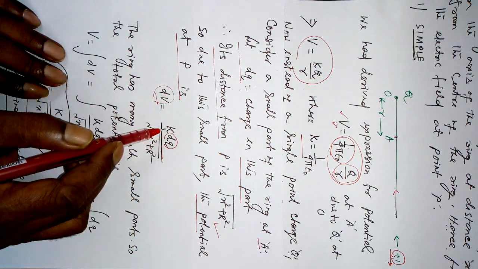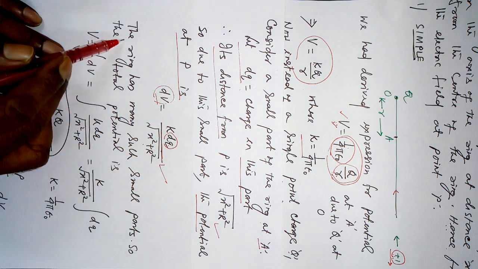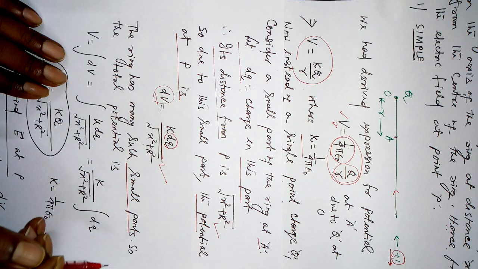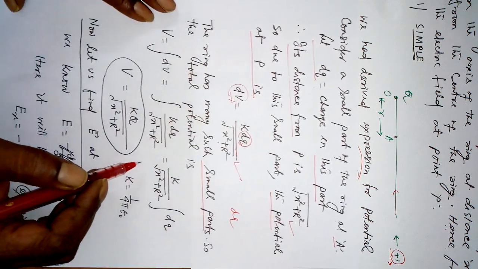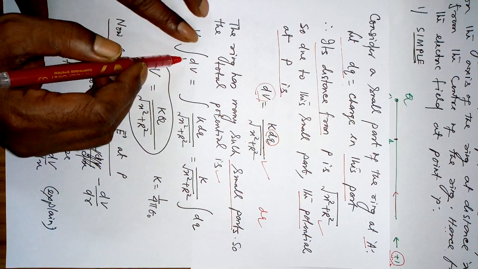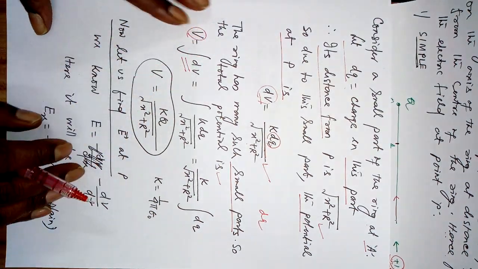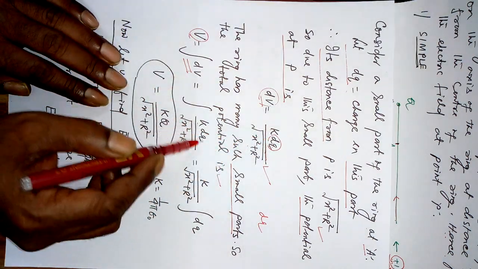Small potential is K charge over distance. The ring has many such small parts, each small part having charge dq. So the total potential will be V is equal to integration of dV. So for dV, I put K dq over this.